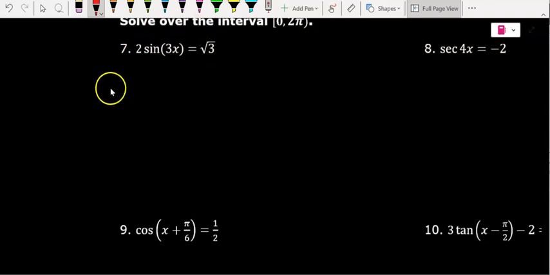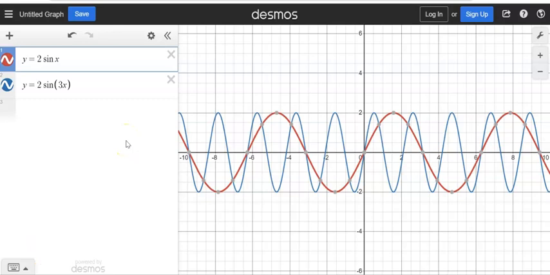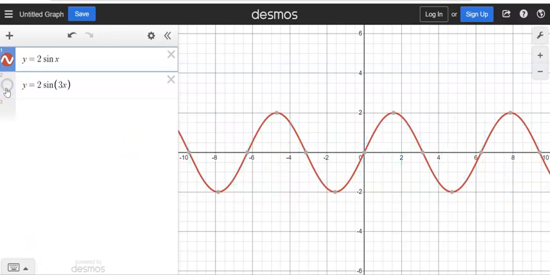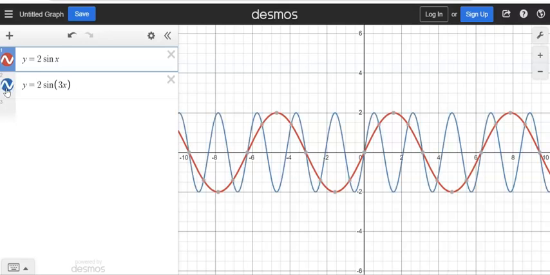And so I can go ahead and show you right now exactly where that's going to happen. You can see right here, I modified the graphs that I have. So I just have, for example, here, 2 sine x. The only difference here is that it has an amplitude of 2 instead of just 1. And now I've got the same thing, 2 sine 3x.